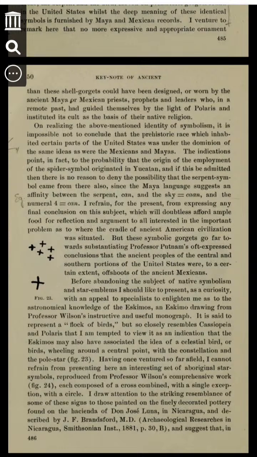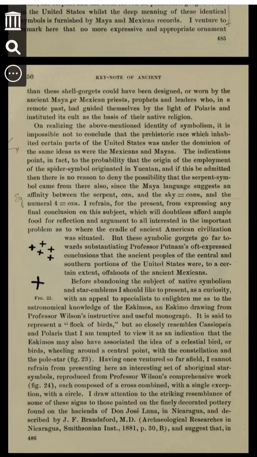Having once ventured so far afield, I cannot refrain from presenting here an interesting set of Aboriginal star symbols, reproduced from Professor Wilson's comprehensive work, each composed of a cross symbol combined, with a single exception, with a circle.